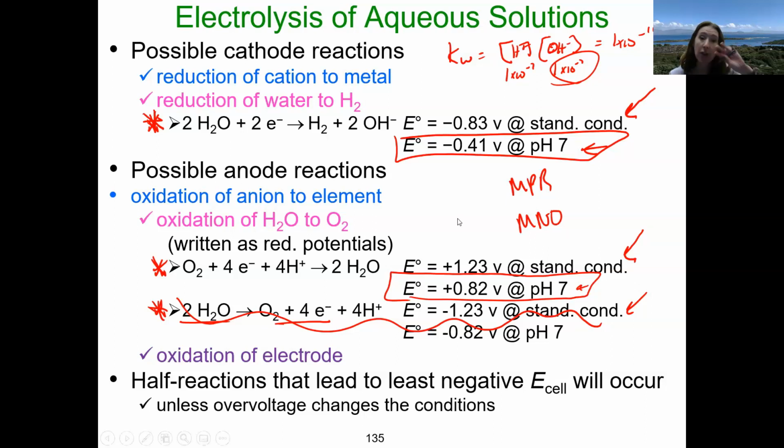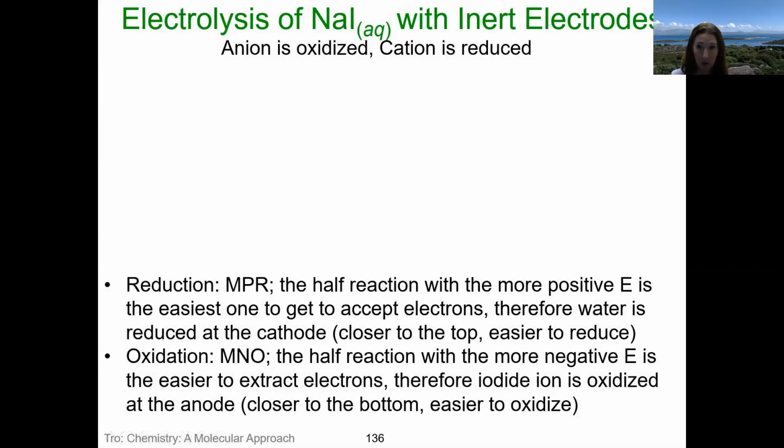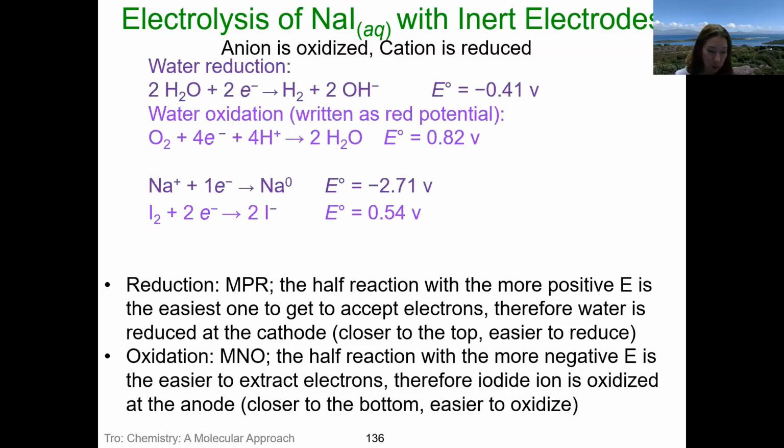So we're going to throw in another piece, but the same rules apply. For example, if we have NaI and water, we have choices. We could have Na or water, oxidized or reduced, or we could have Cl or water. So we just upped our choices, but again, the same rules apply.